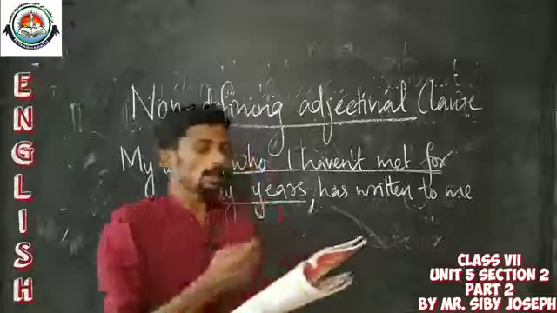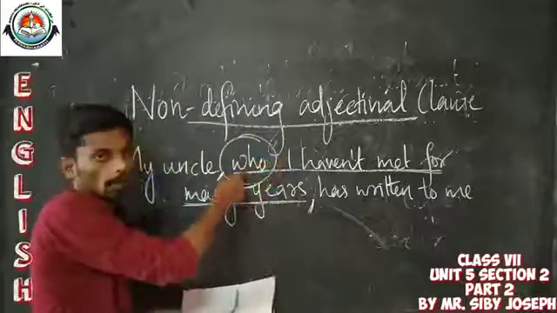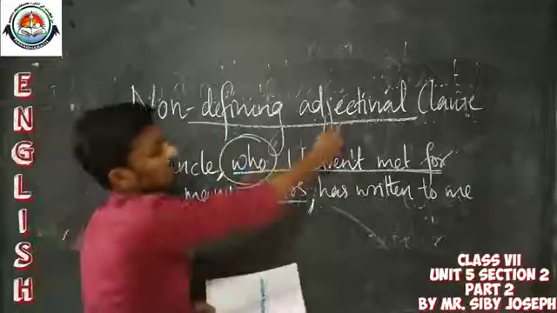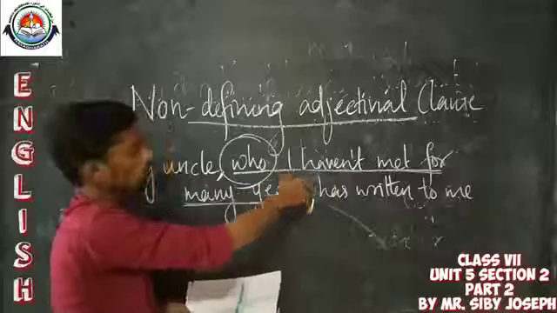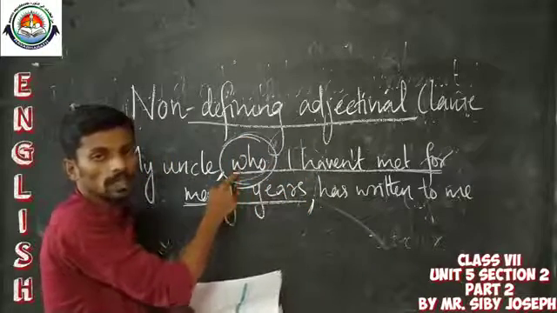That is why here it is used, who, because I haven't met for many years is a non-defining adjectival clause. It should be introduced by a relative pronoun, and that is what we used here, who.